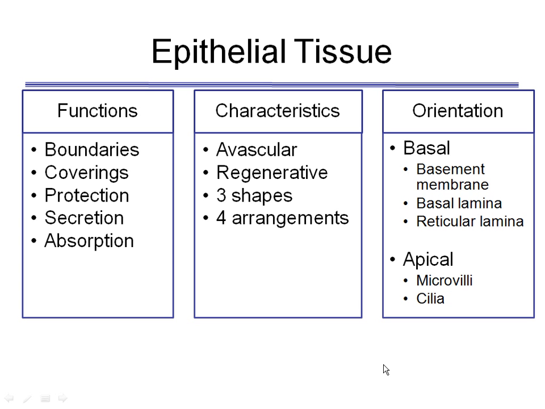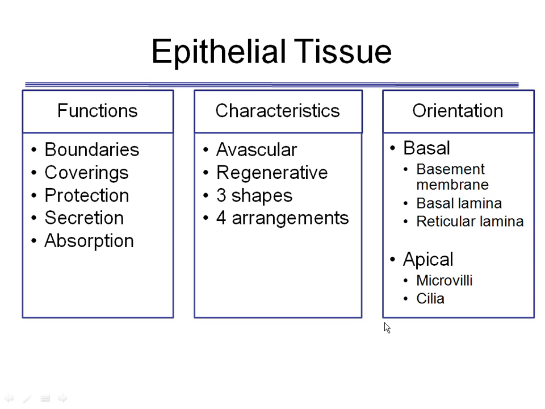It's also the surface of your skin, and it would be the surface of those organs. So inherently, because of its position, it's a boundary and a cover. Specific kinds of epithelial tissue contain many layers of cells, so they're protective. And then those cells that line a tract tend to do secretion and absorption. We'll look at pictures of them later.